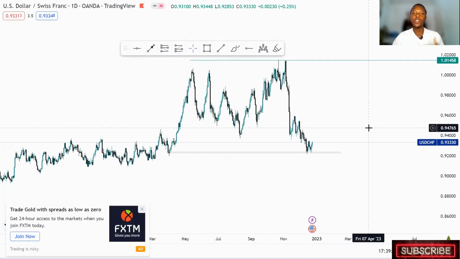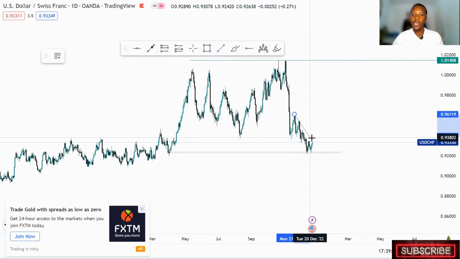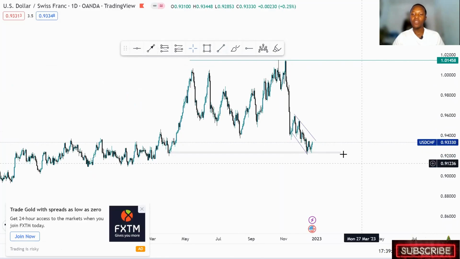Meaning that it usually changes direction. So this is the pattern that we have over here, which is a descending channel. This is a descending channel, and then as you can see inside there, we have a possibility of an emerging double bottom type formation, which usually serves as a buying signal.